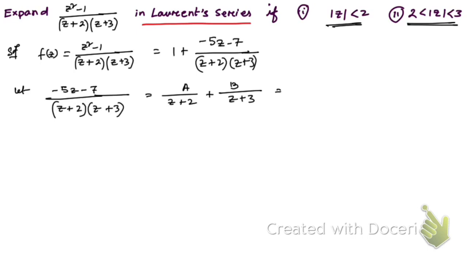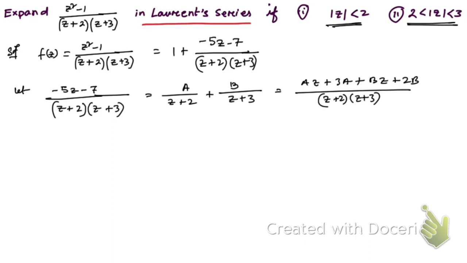Now let's take the LCM, then we're going to have z plus 2 into z plus 3. If you multiply this one with a, we get a into z plus 3, and multiply this one with b, we get b into z plus 2. That's what we're going to have, right?